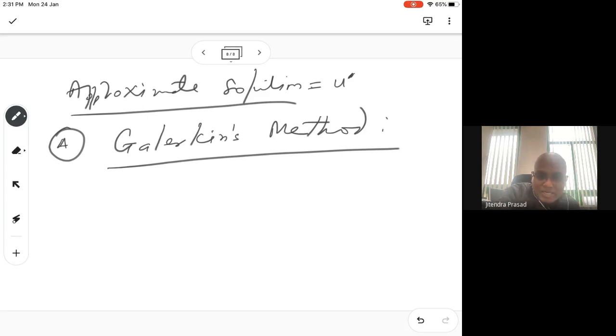U dash doesn't mean a derivative; it's just the approximate solution. The exact solution is U, but the approximate solution is U dash.